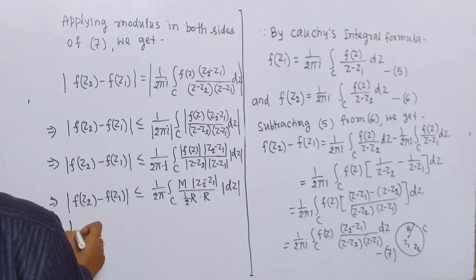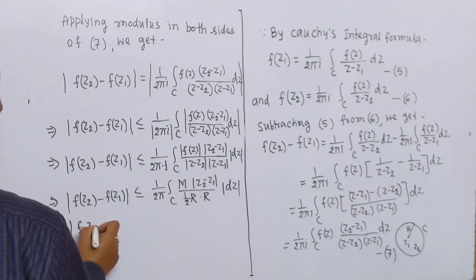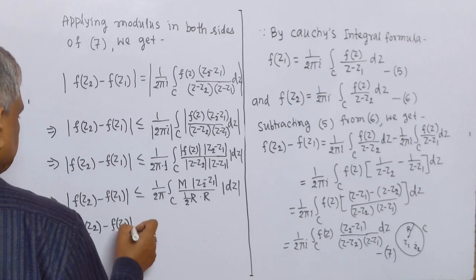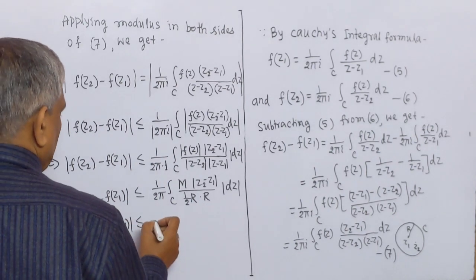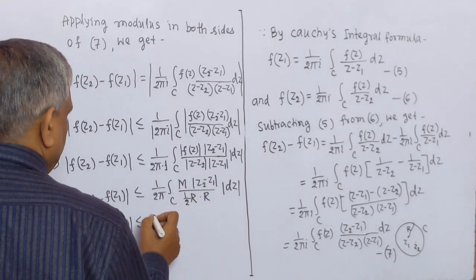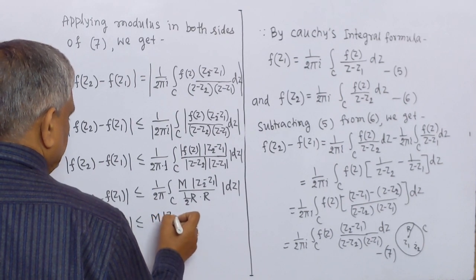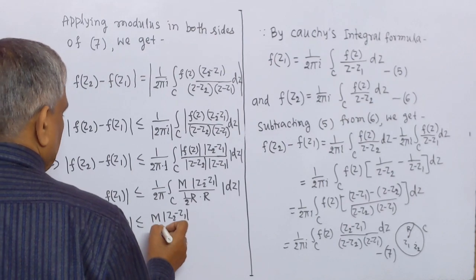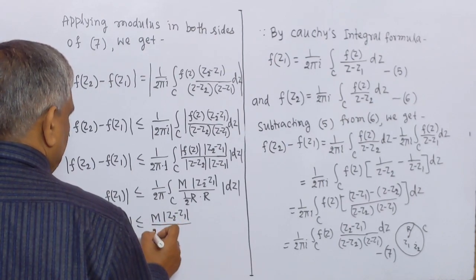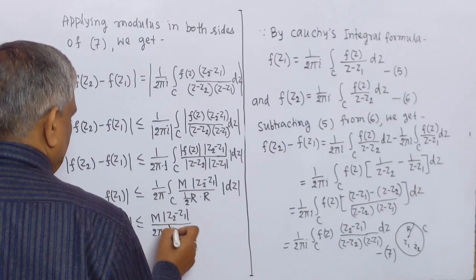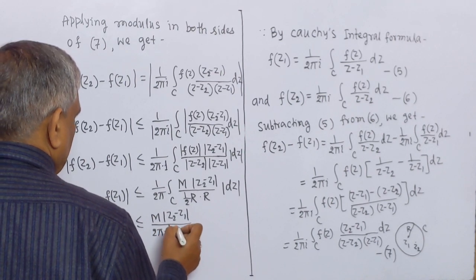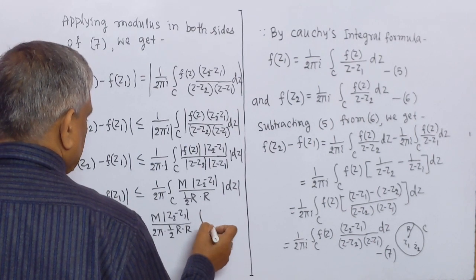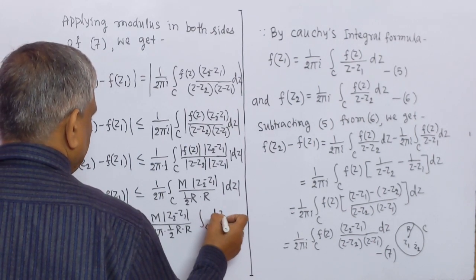This implies that modulus of f(z2) minus f(z1) is less than or equal to, here we take M and modulus of z2 minus z1 outside, by 2 pi times half r multiplied by r, integration along the circle C modulus of dz.